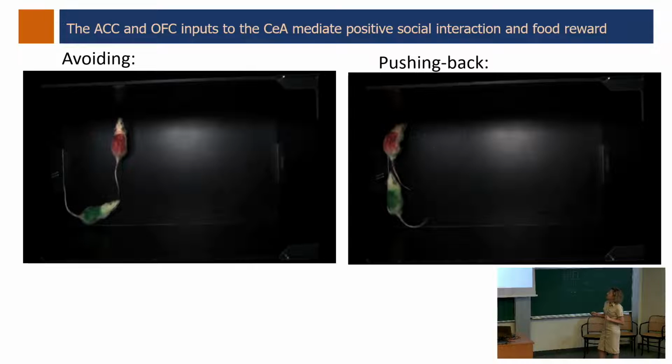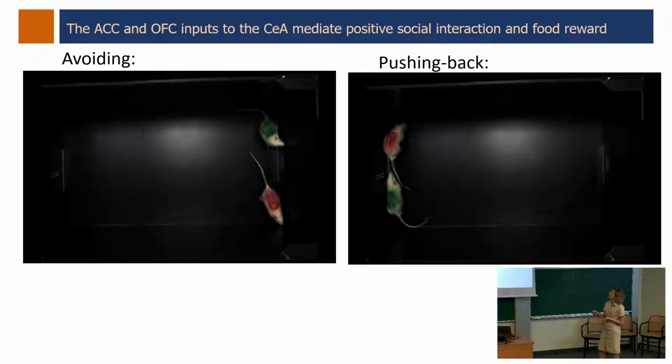So here are examples of this avoiding behavior. Here, this red rat is what we call the focal rat, the one in which we blocked the projections. As you can see, usually the rats are following their partners, but here this rat is trying to avoid the contact and it's not interested in its partner.